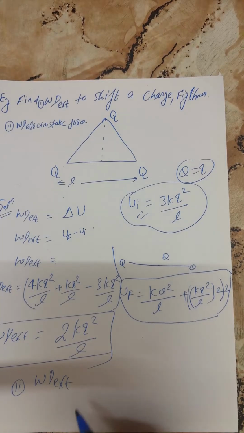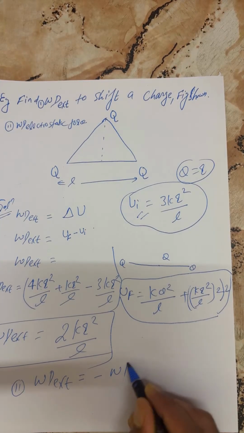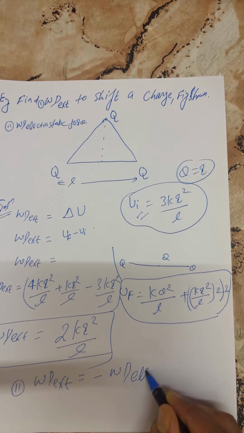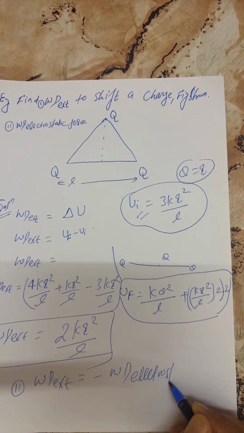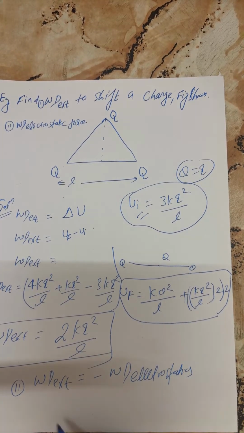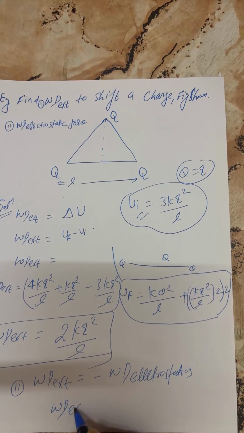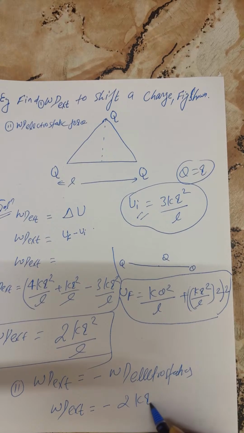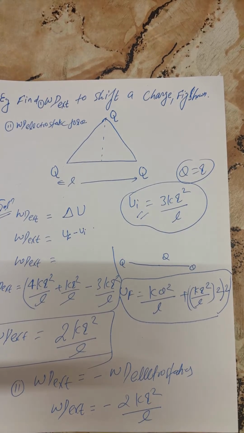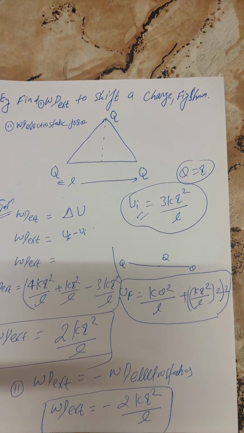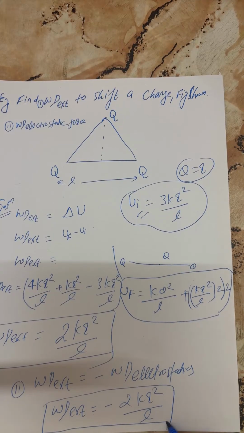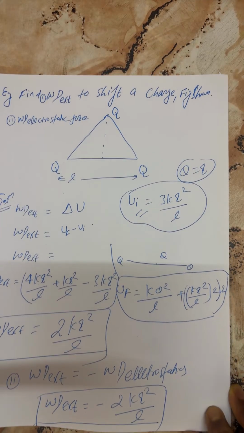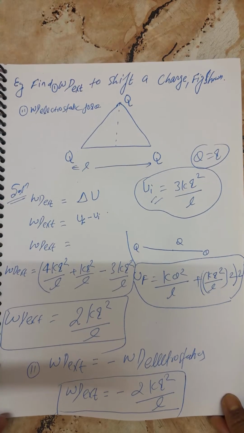Now, work done due to external agent is equal to minus the work done due to electrostatic force, right? So work done due to electrostatic force is equal to minus 2KQ square by L. So this is the answer for both parts of these questions, right?